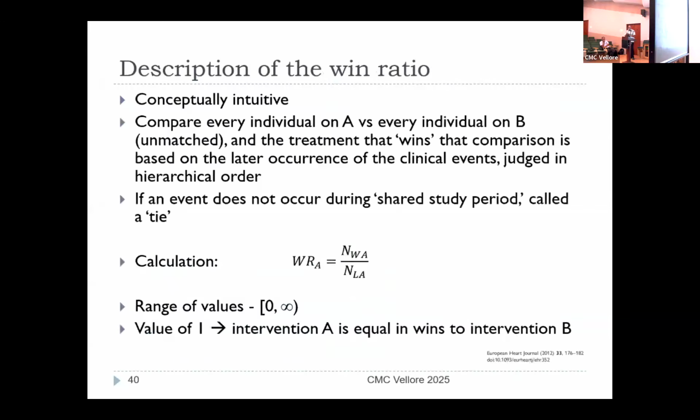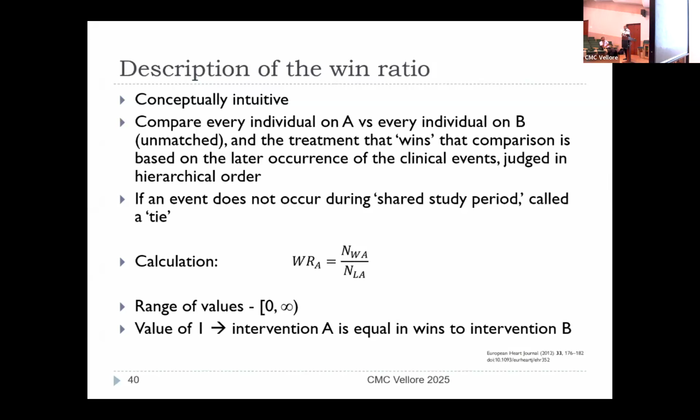All right. This was an interesting one that was proposed about maybe 12 years ago. It's very nice and conceptually intuitive. Stuart Pocock, a well-known statistician who works in cardiology, published this in the European Heart Journal in 2012.